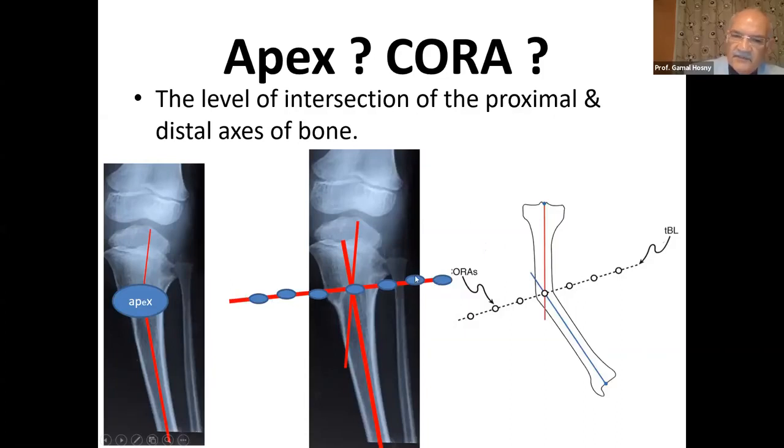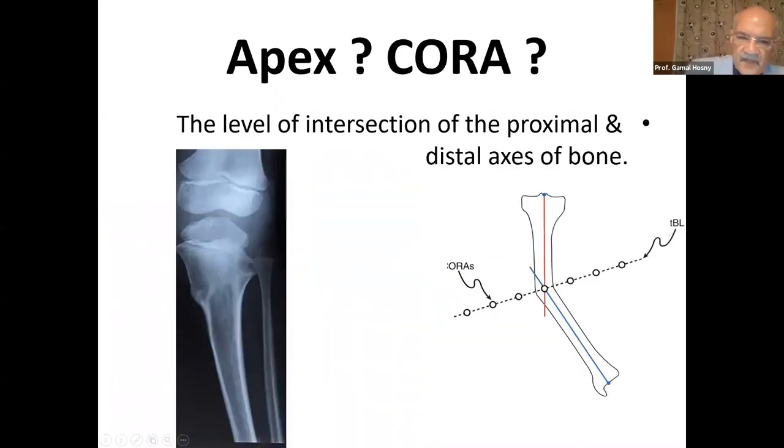Any point over this line is considered a CORA. So they are all CORAs. Again, they meet each other in the middle, we draw the transverse bisector line, and any point here is the CORA.